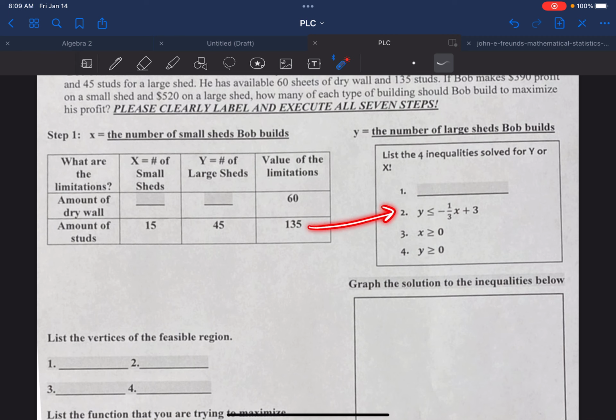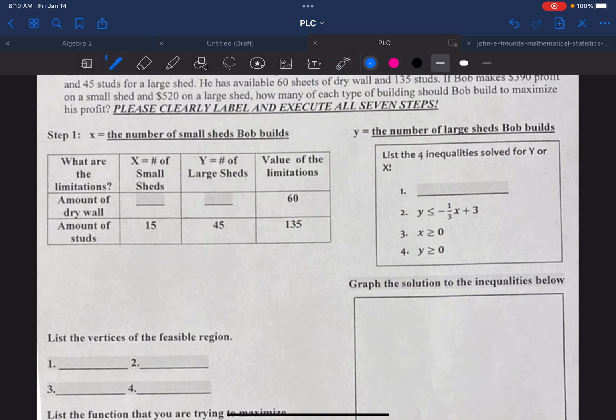You've already got this one equation. You just have to get this one. And your reality bounds are already given to you here. Because realistically, it does not make any sense for Bob to randomly have another shed pop up that he didn't build. Like, that's just not going to happen.